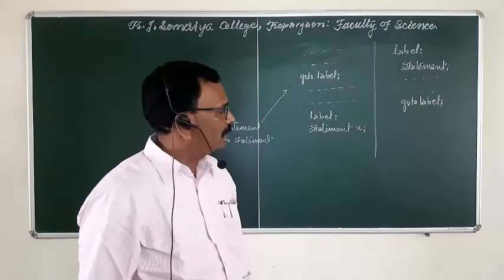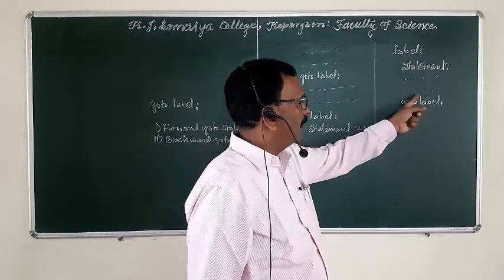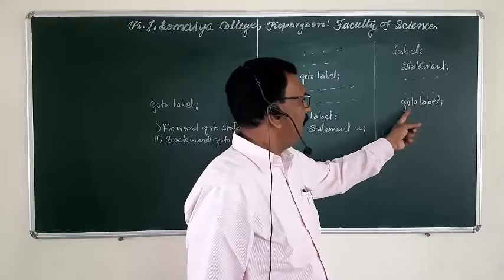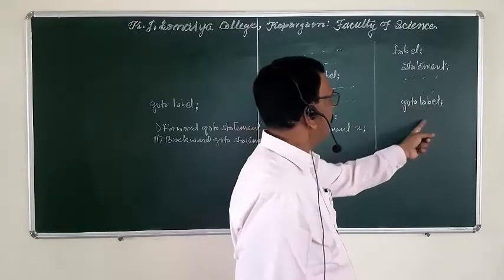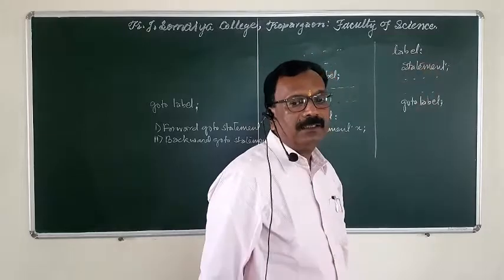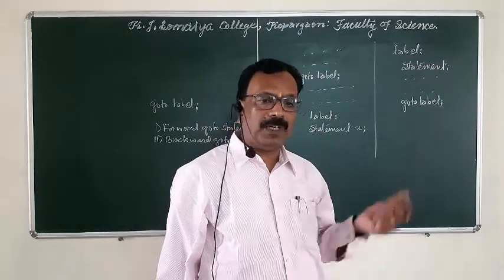Here what happens? When these statements are executed and we encounter goto label, then after the execution of this statement, control simply goes back to the label and again executes that part of the program.